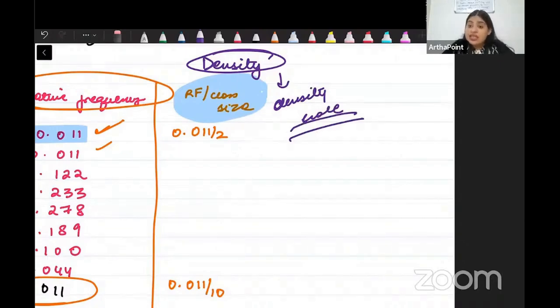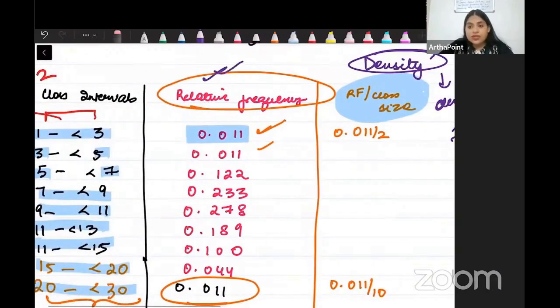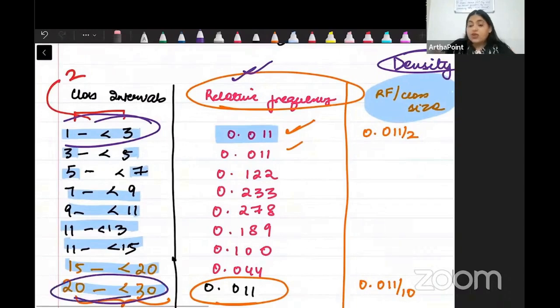Density is important because the class intervals are not equal. So if the class intervals are not equal, I cannot directly plot this relative frequency. Something is spread across only 2 data points, and something is spread across 10 data points. So it is not possible to go ahead and directly plot these.